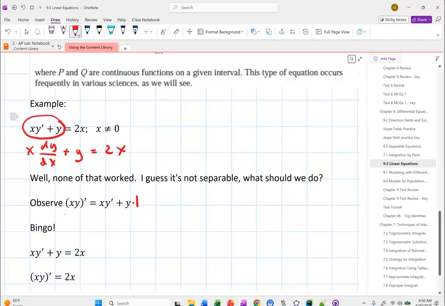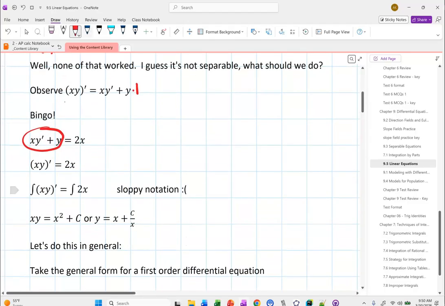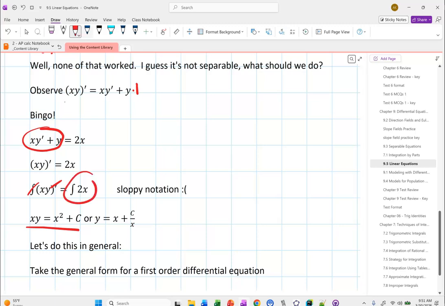So I can rewrite it there, and then I can just integrate both sides with a little bit of sloppy notation because I don't have dx's where they're supposed to be, but it's fine because dy/dx isn't really a fraction. We just kind of treat it that way when we do differential equations. And we'd be done, because the integral cancels the derivative, and then this is an easy integral to do. We can rearrange some stuff if we want to, but that's the idea of what we want to have happen.